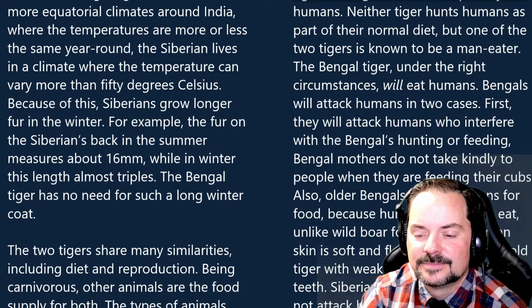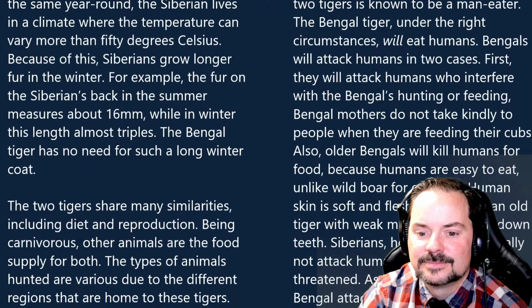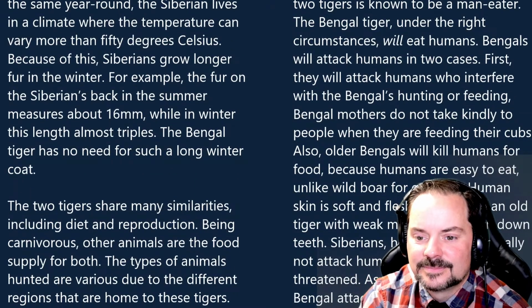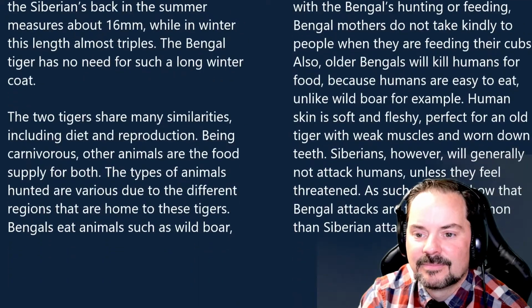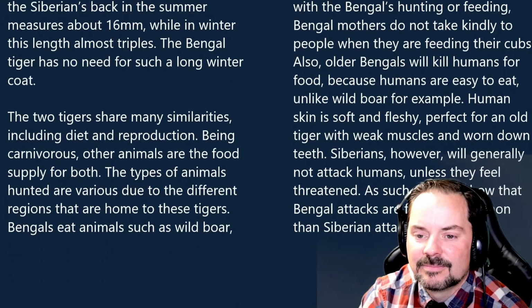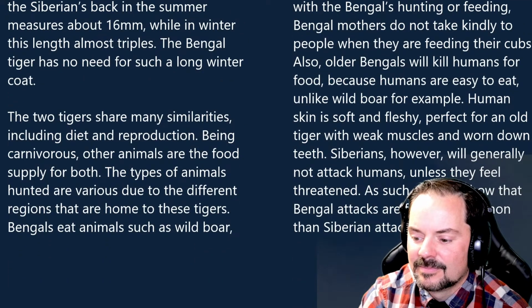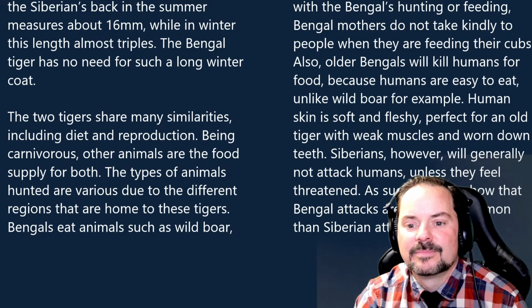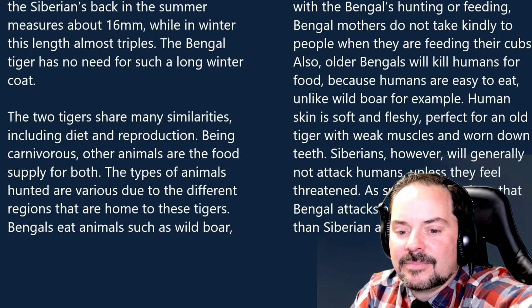Bengals will attack humans in two cases. First, they will attack humans who interfere with the Bengals' hunting or feeding. Bengal mothers do not take kindly to people when they are feeding their cubs. Also, older Bengals will kill humans for food because humans are easy to eat.